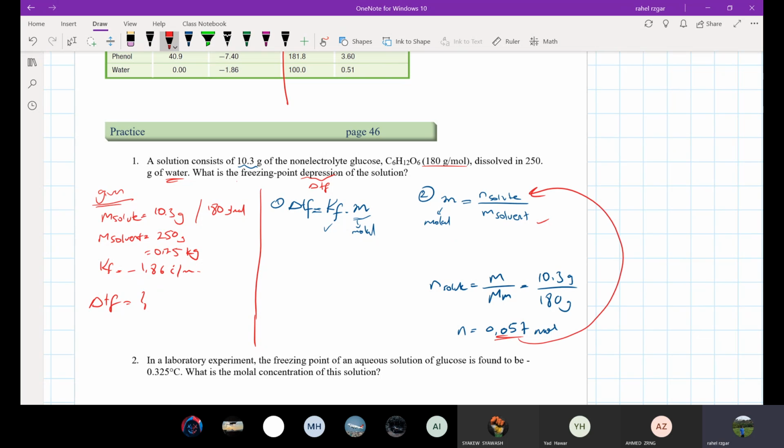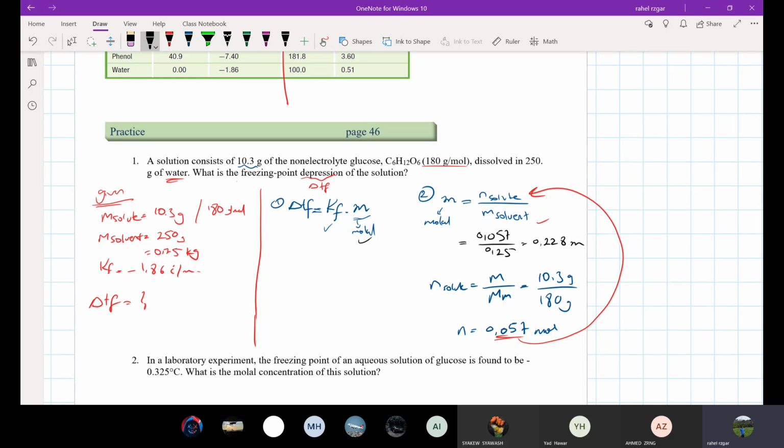Put it here inside the molality. Now we can find molality, which is 0.057 divided by the mass of the solvent, 0.25. It is equal to 0.228 molal.